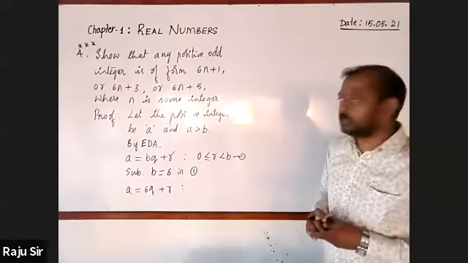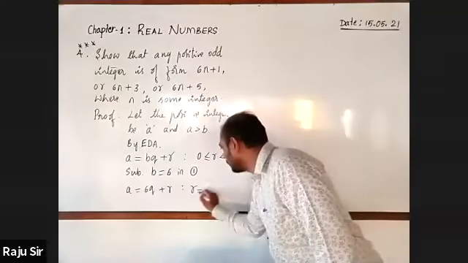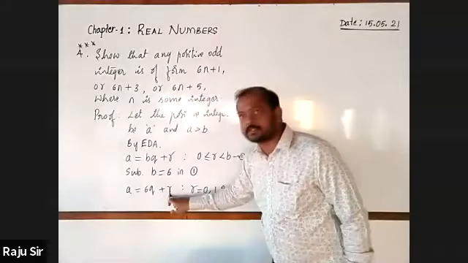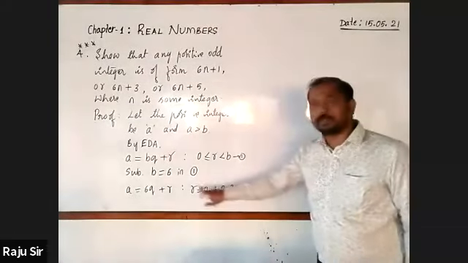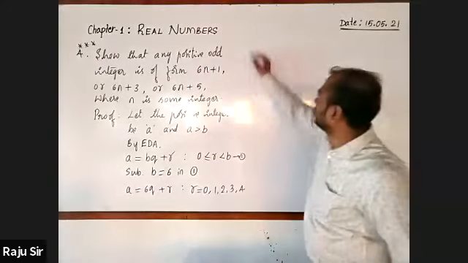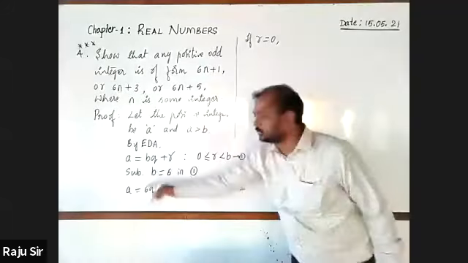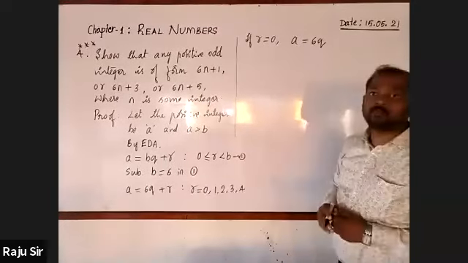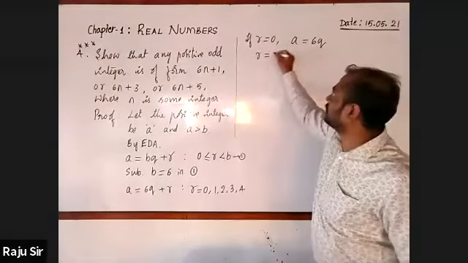Then the possible remainders will be r equal to 0, 1, 2, 3, 4, and 5. Now rewrite the statement by substituting these numbers in place of r. If r equal to 0, then we can write a equal to 6q.